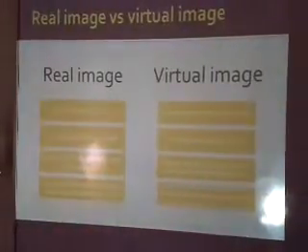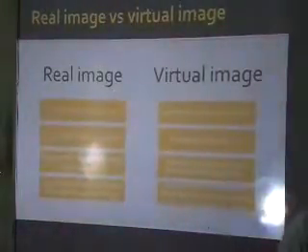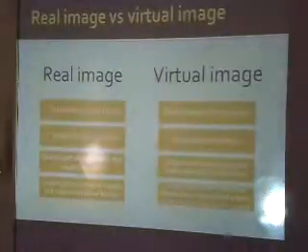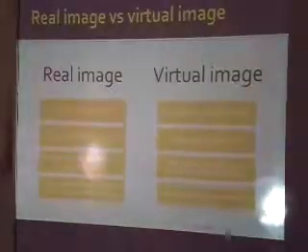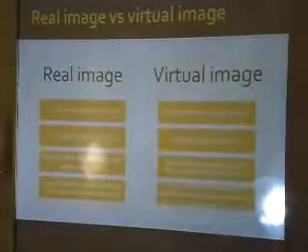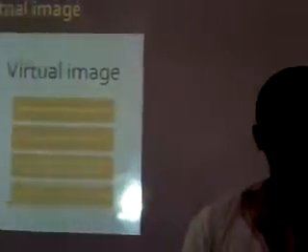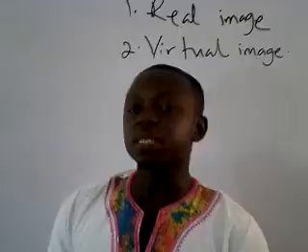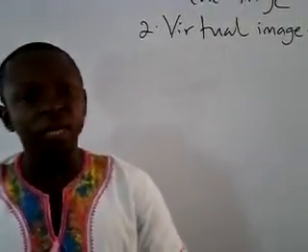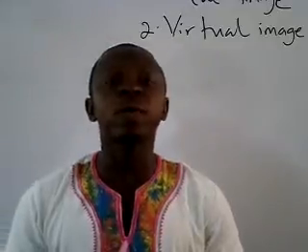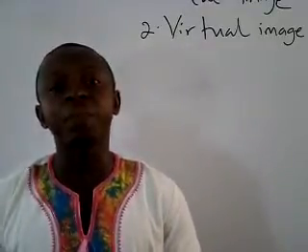Secondly, images formed by real images are inverted. Virtual images, however, are erect, or they are upright. Real images are formed at a point where light rays meet.